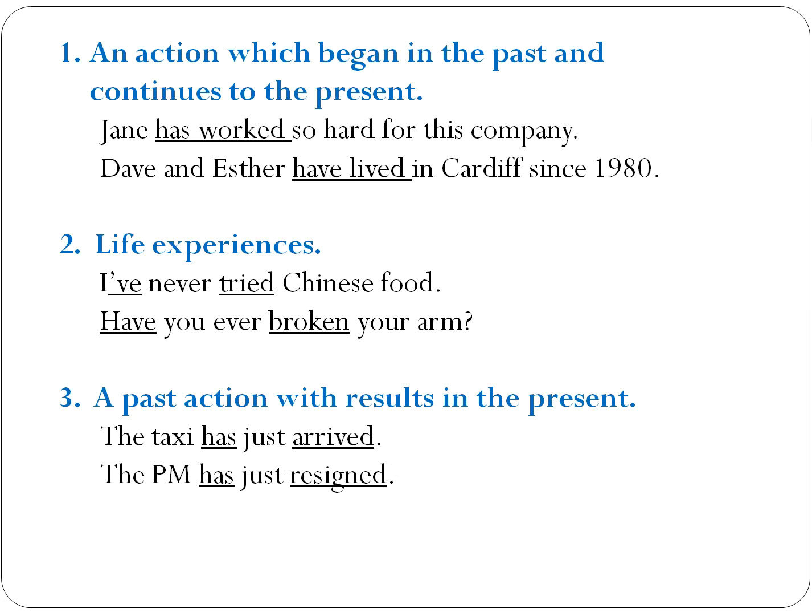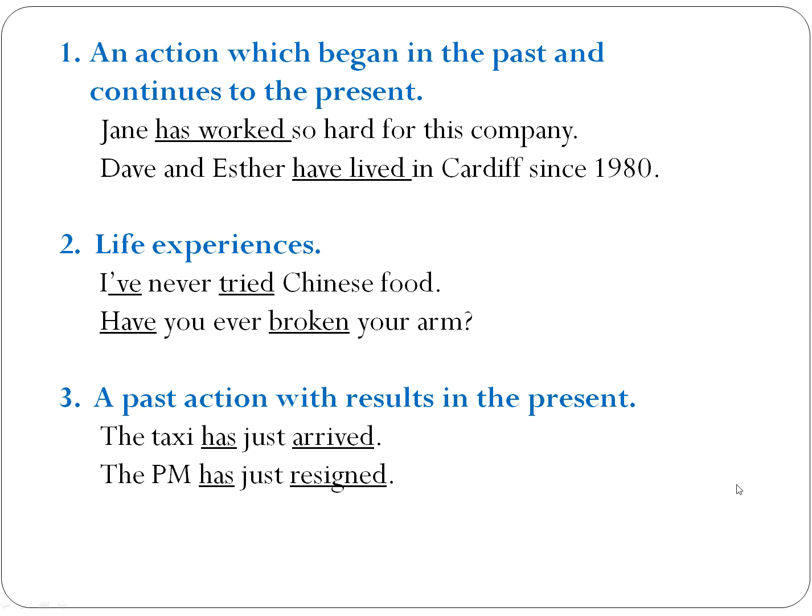Okay, it's outside. Another example, the PM has just resigned. PM, or Prime Minister. The PM has just resigned, so it was just announced now. He resigned, and so there's a present result: the country does not have a Prime Minister anymore in the present.